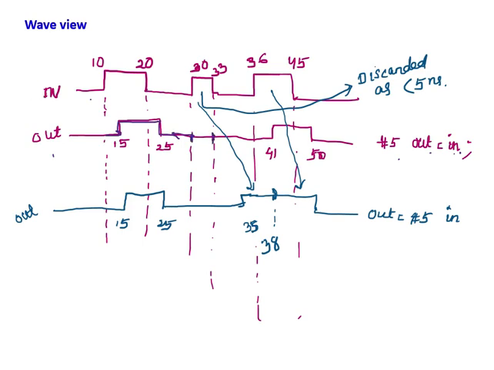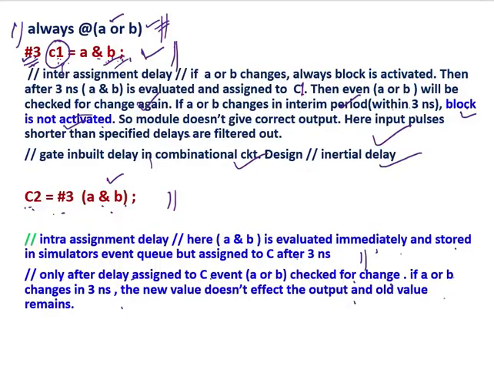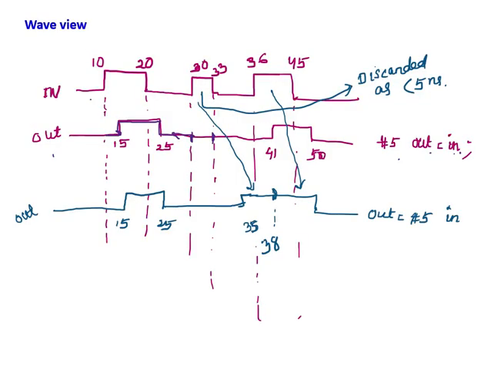What we learned here is that if there are changes in the interim period, it is filtered out and the delay won't be considered. This transition from 0 to 1 and then 1 to 0 lasts for only 3 nanosecond, but the specified delay is 5 nanosecond.